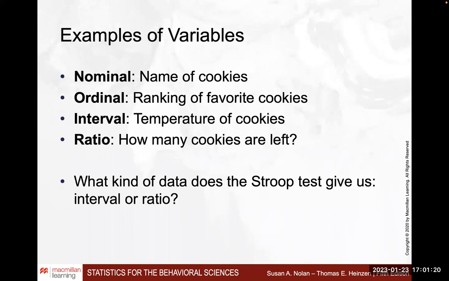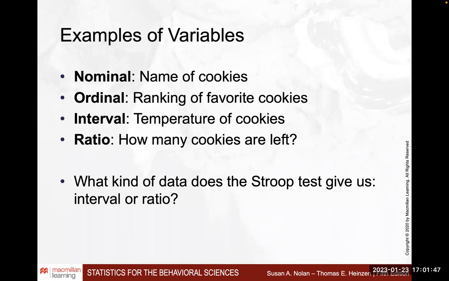That's your rating for cookie taste. Then you have the interval variable, which is the actual temperature of each individual cookie that you have at your disposition. So you basically have 10 cookies in front of you, and you measure the temperature of each of these cookies, whether they're out of the freezer or whether they're out of the stove. The temperature is an interval variable of each respective cookie.